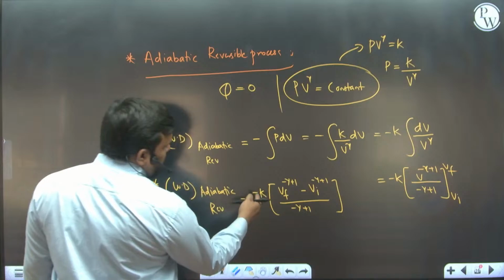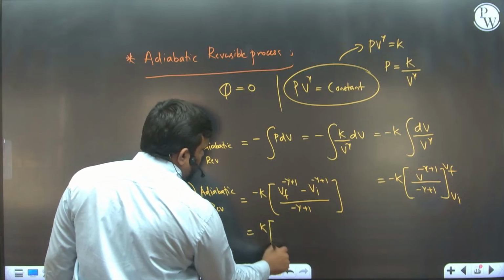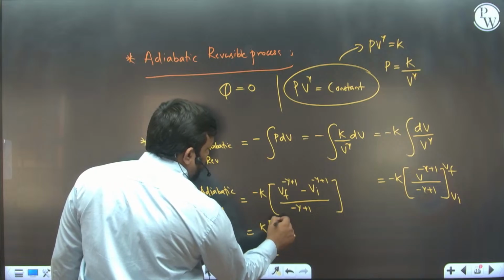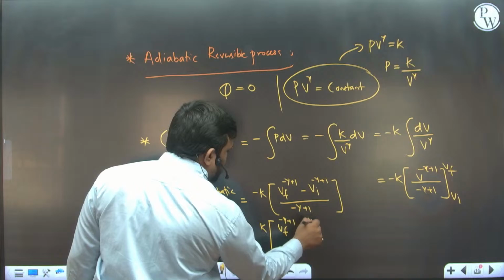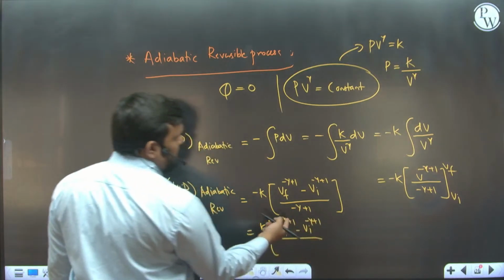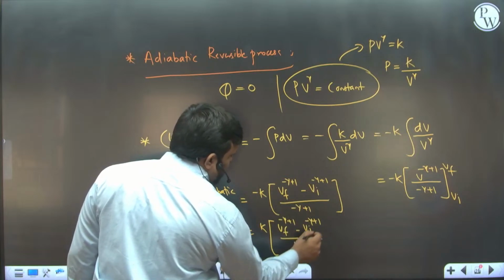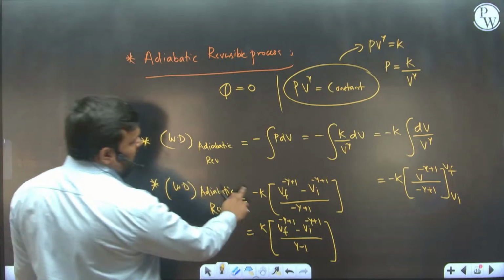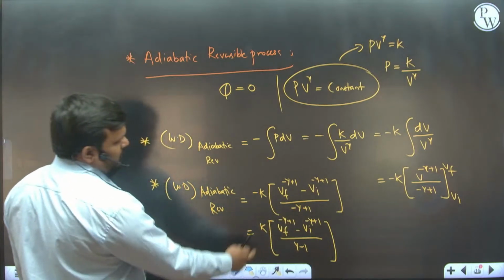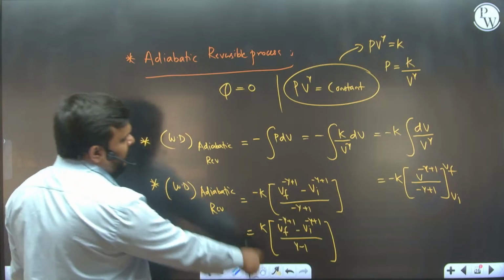So let us take this minus inside. We are getting K into V final power minus gamma plus 1 minus V initial power minus gamma plus 1 upon gamma minus 1, because I took the minus sign inside. So by multiplying minus into minus gamma plus 1, the denominator will be gamma minus 1.